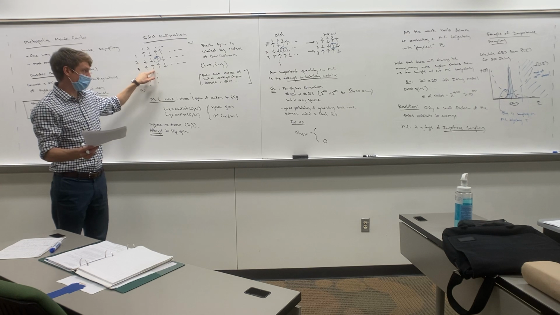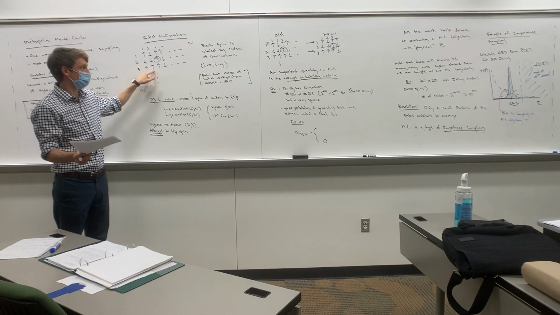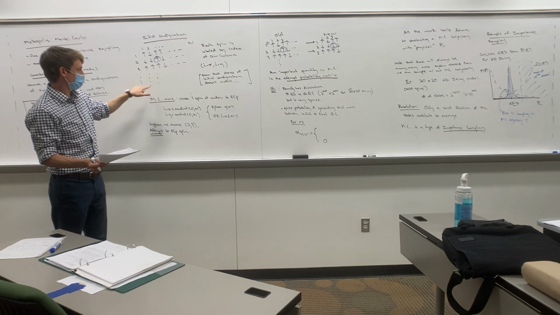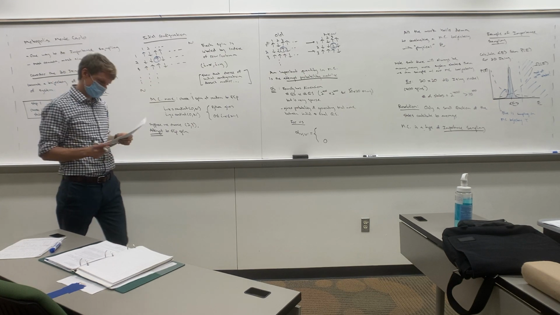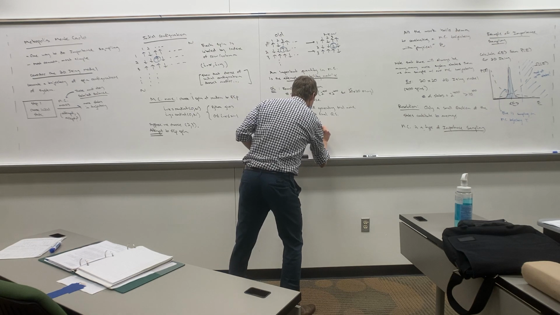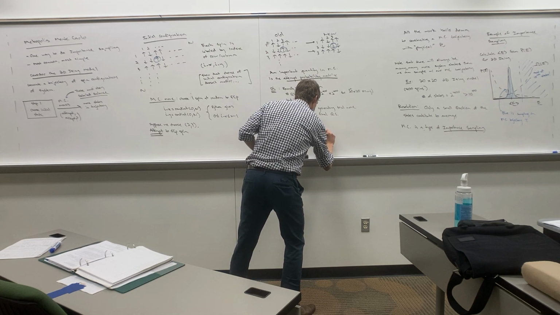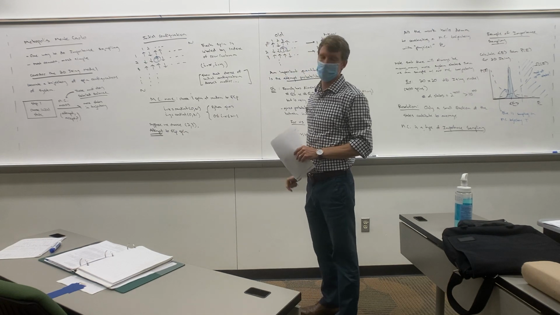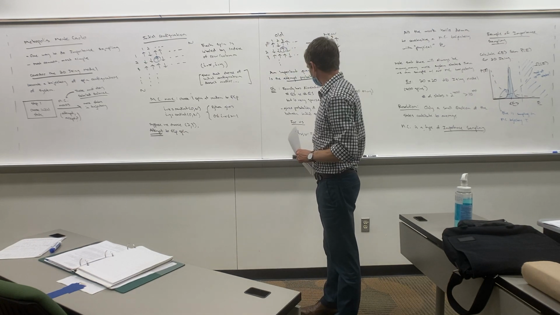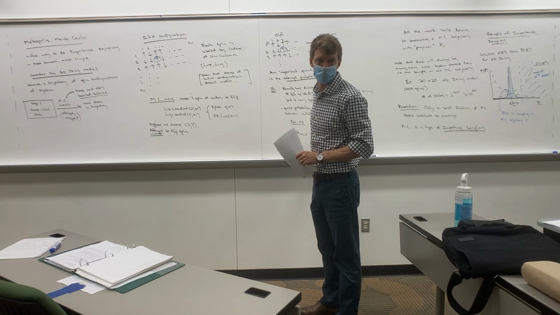Yeah, 1 over n, where n is the number of spins, exactly. Here n squared is the number of spins, so this would be 1 over n squared. If I'm picking the spin at random, then 1 over n squared is the probability for picking that given spin.